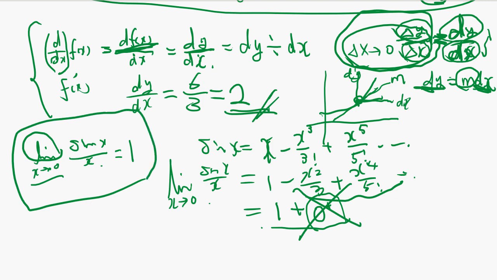Okay, so make sense? So here's the instruction. It gives you the instruction, take the non-infinitesimal part of the answer after you make x infinitesimally small. That's what it means.